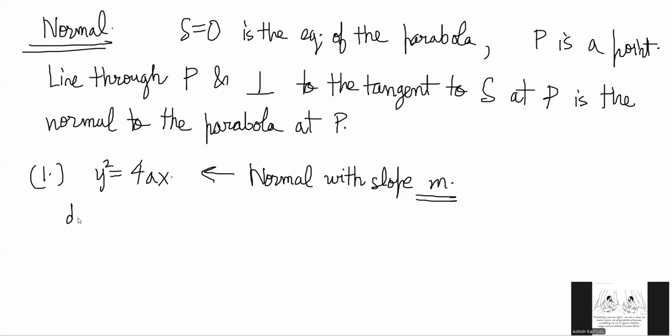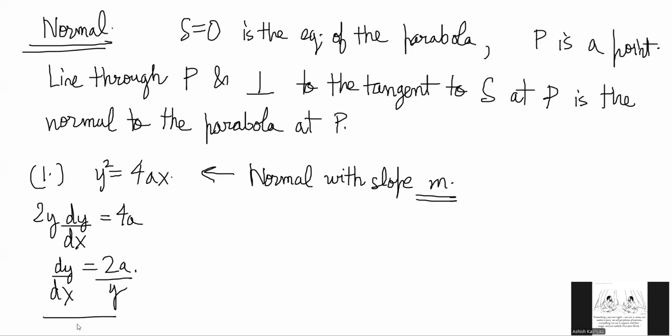So if I differentiate this, I get 2y dy by dx is equal to 4a. So I get dy by dx is equal to 2a by y. This actually is the slope of the tangent, right? So at point P, which is x1 comma y1, the slope of the tangent is equal to 2a by y1.